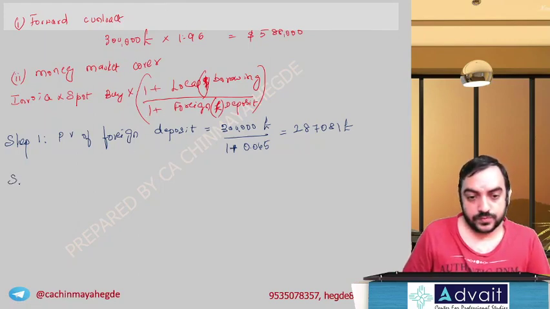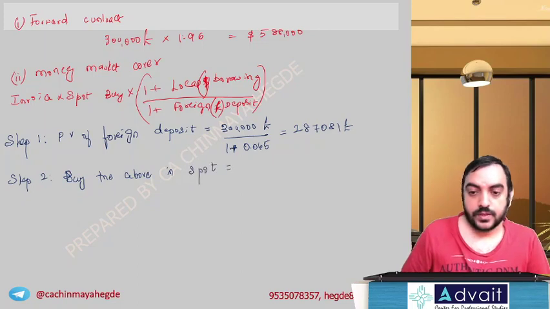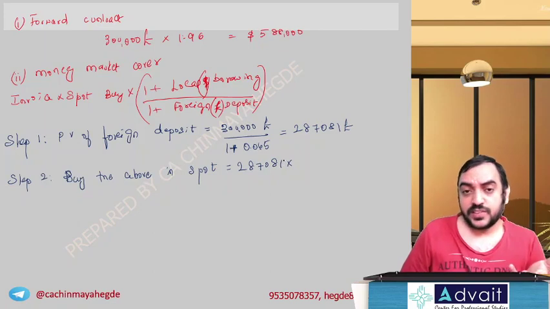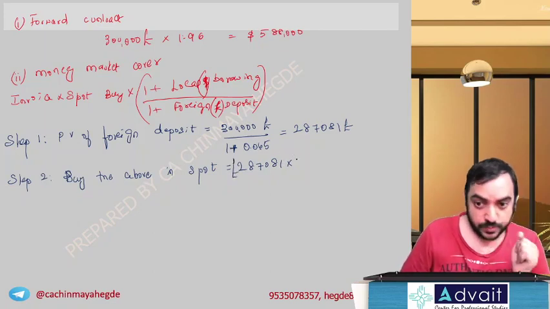Step 2, buy the above in the spot market. 287,081 into spot buy. Multiply, because left hand side is pounds and we have pounds only. Multiplied by spot rate 2.